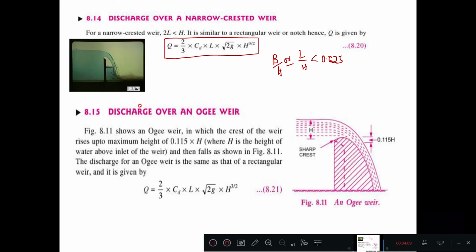And one more is the discharge over an Ogee weir.